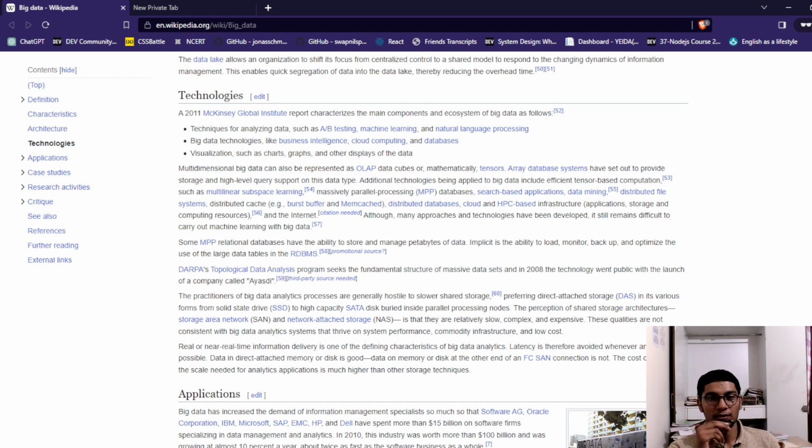Multi-dimensional big data can also be represented as OLAP data cubes and mathematical tensors. Tensor systems have provided storage and high level support on the data type. Additional technologies have been applied to big data, including efficient tensor-based computation.